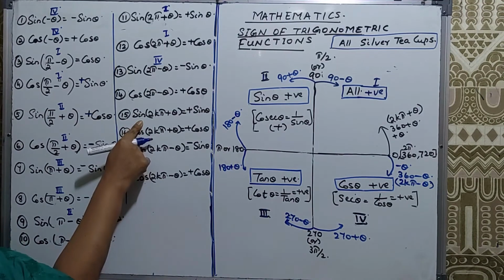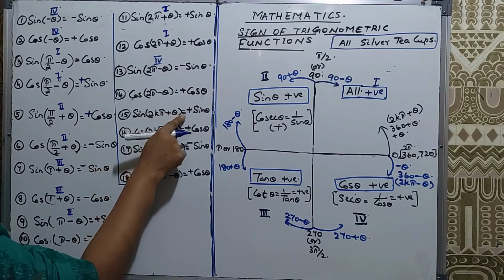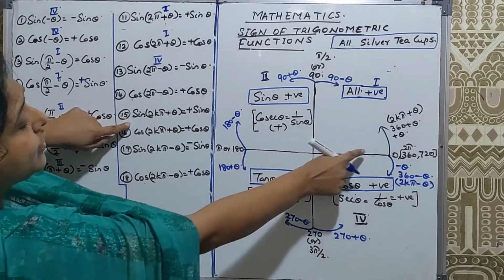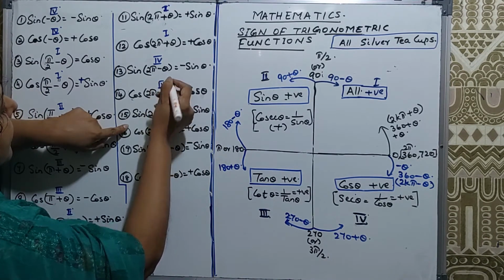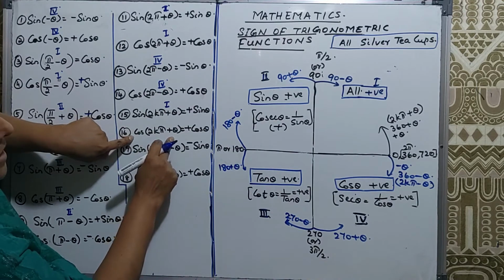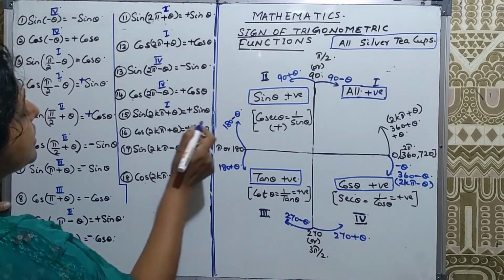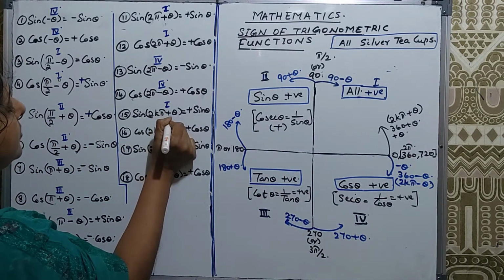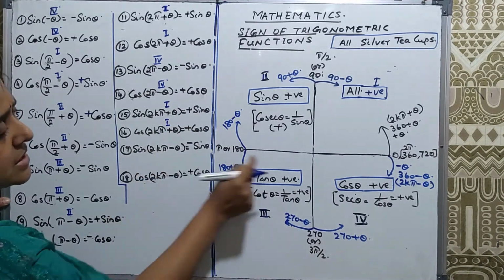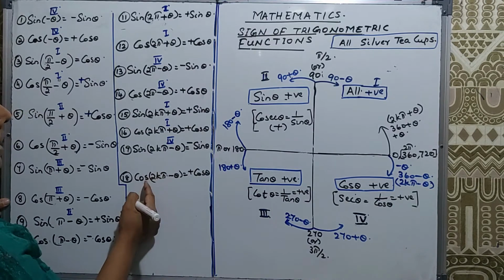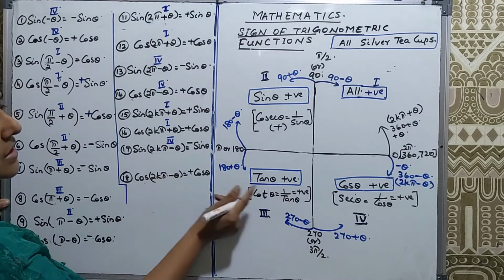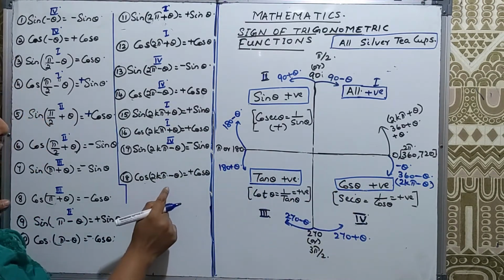Now in general we wrote all the multiples of 360 plus theta belong to first quadrant. Now 2k pi plus theta belongs to again first quadrant, it will be plus cos theta. Now 2k pi minus theta belongs to fourth quadrant. So it will be minus sin theta, and for cos 2k pi minus theta, only cos will be positive in the fourth quadrant.